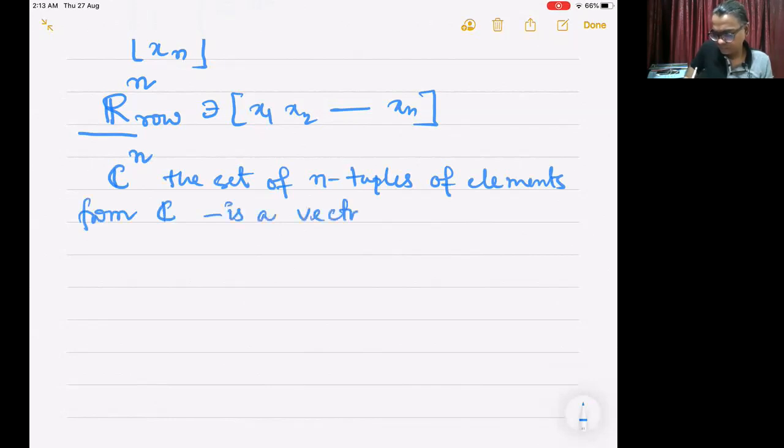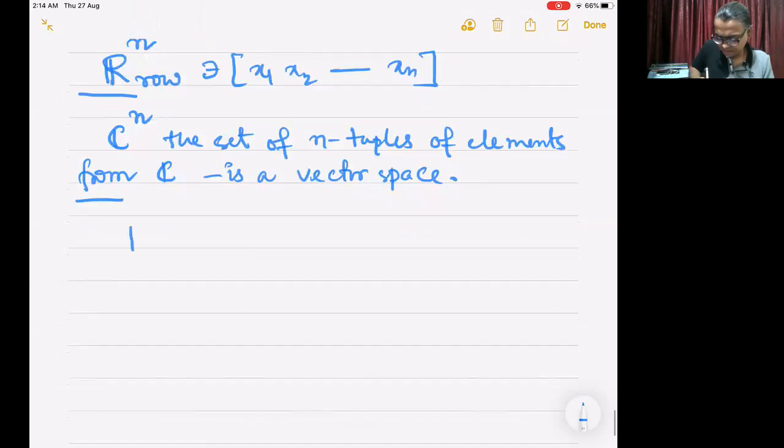You may not be able to draw pictures beyond n equal to 2, but still it's a vector space. Rows also will form a vector space. Easy vector spaces.